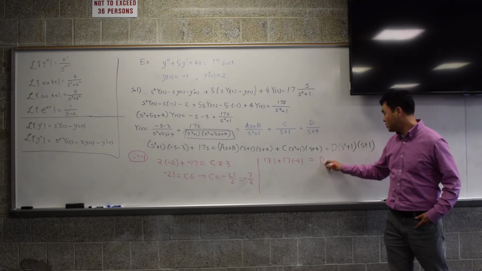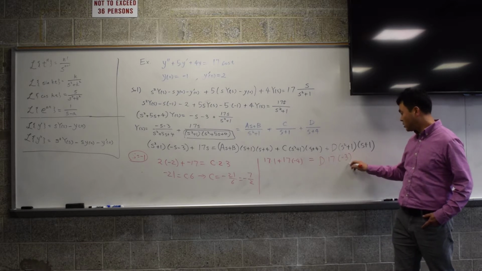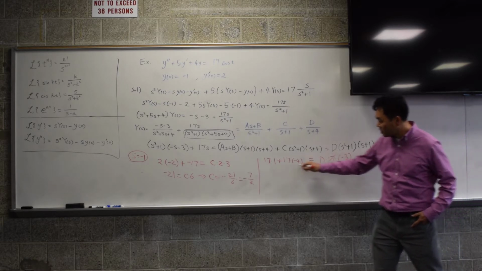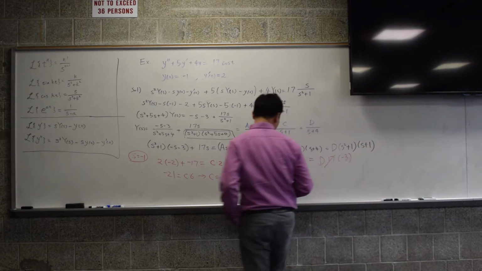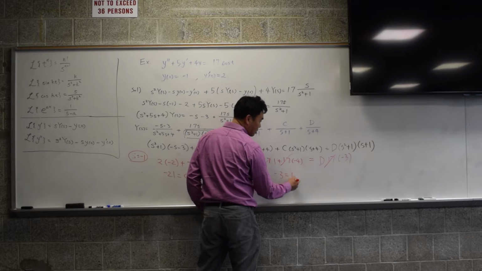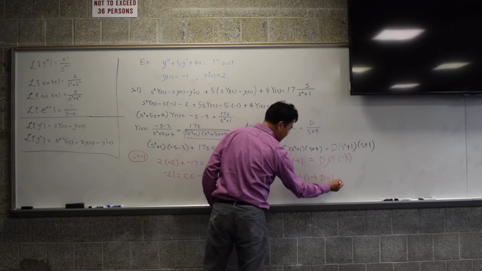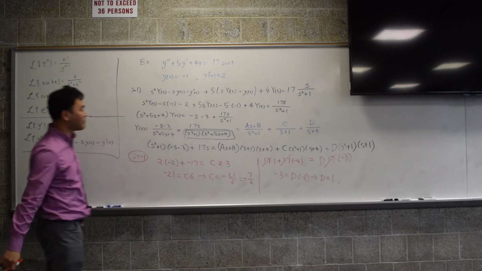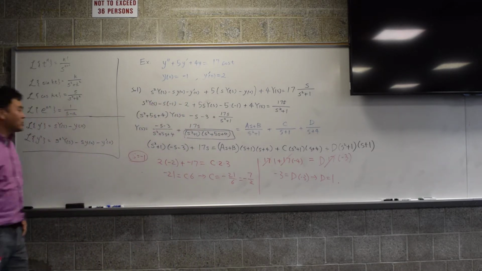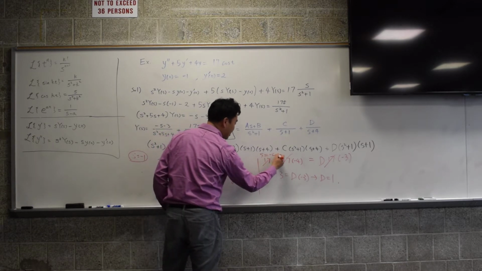So it's d times 17 times negative 3. Oh, I like this. 17 is common, so I can just factor it out. So I have 1 minus 4, which is negative 3, equals d times negative 3, so you get d equals 1.